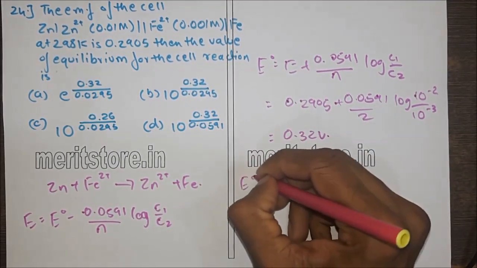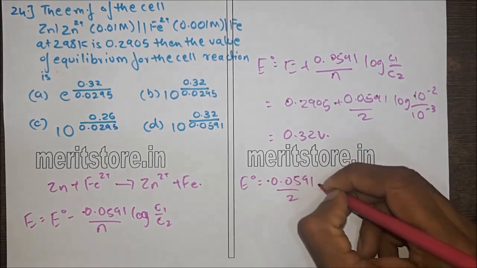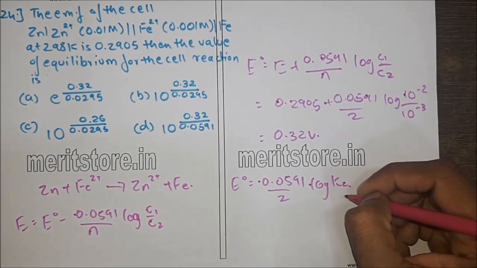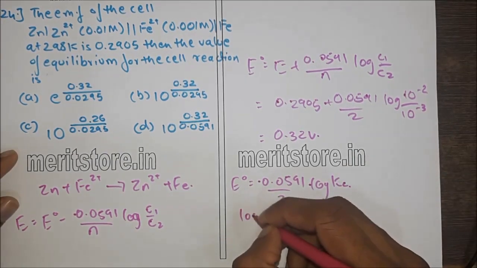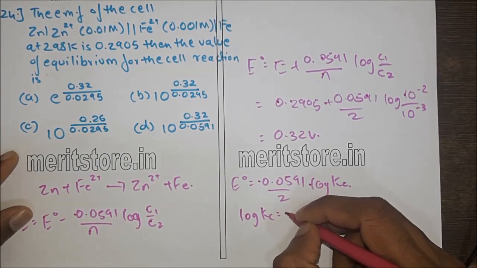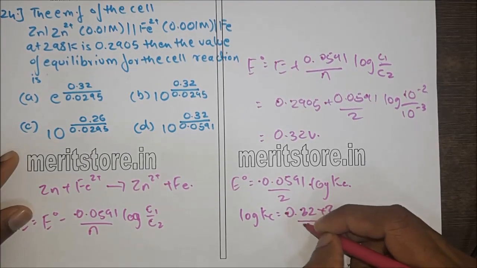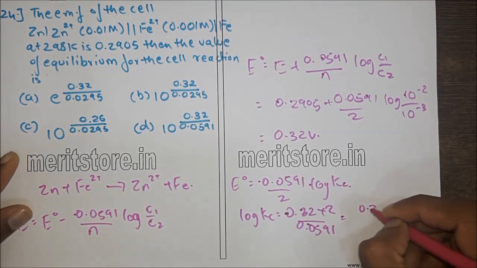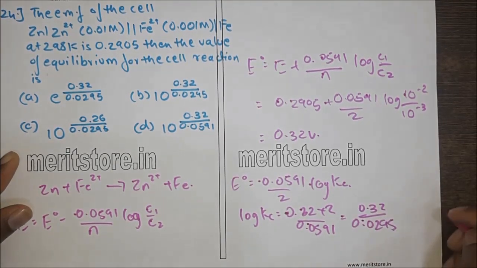Therefore, E0 is equal to 0.0591 upon 2 log of Kc, where log Kc is equal to 0.32 into 2 upon 0.0591, which is equal to 0.32 upon 0.0295.